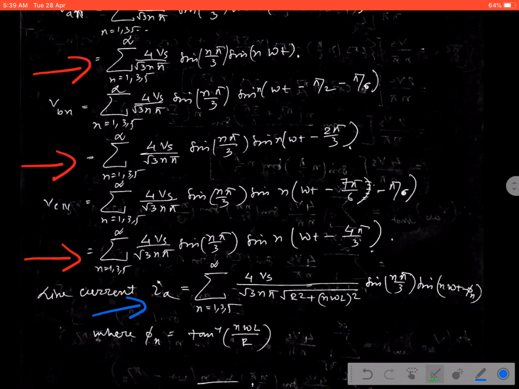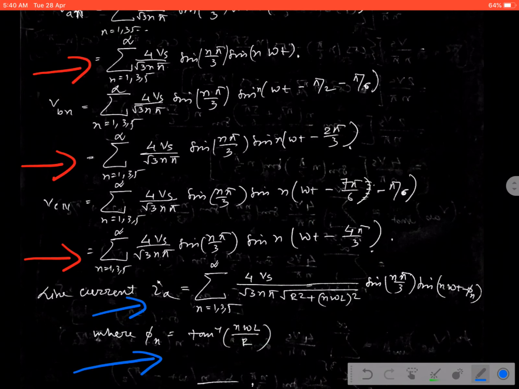As we know, phi equals tan inverse XL by R. Here XL for the nth order is n omega L. So we can say this is the equation for the angle between voltage and current for lagging power factor, that is phi n equal to tan inverse n omega L by R. So this is all about the 3-phase inverter for R and RL load implementation for 180 degree conduction.